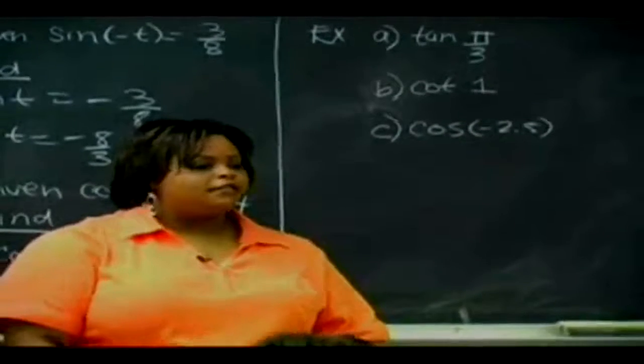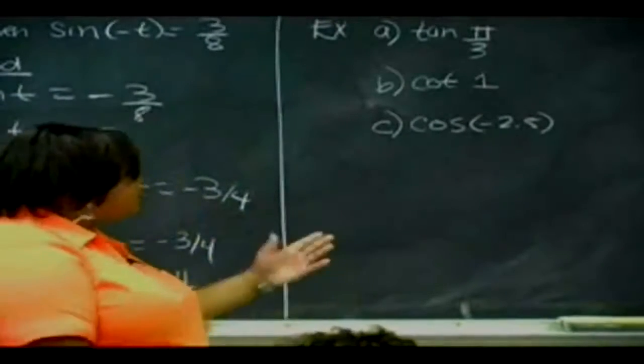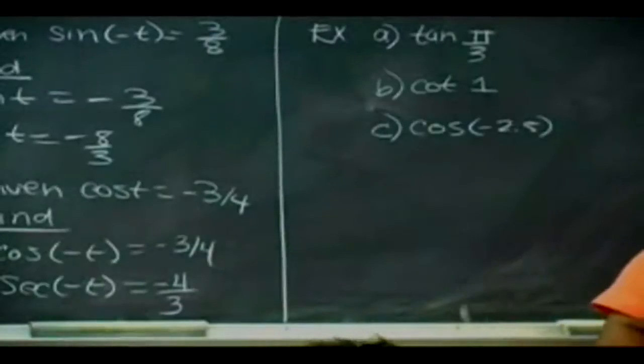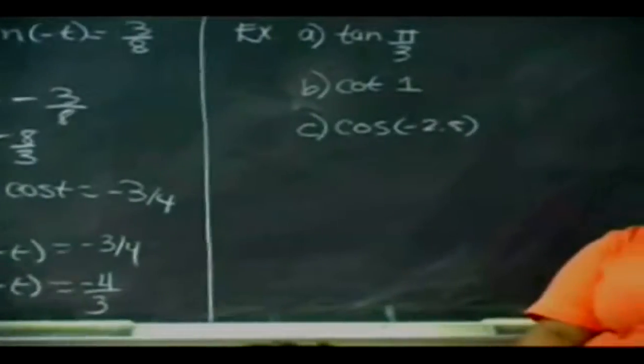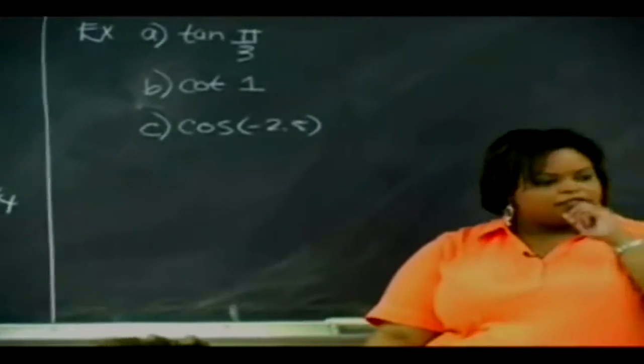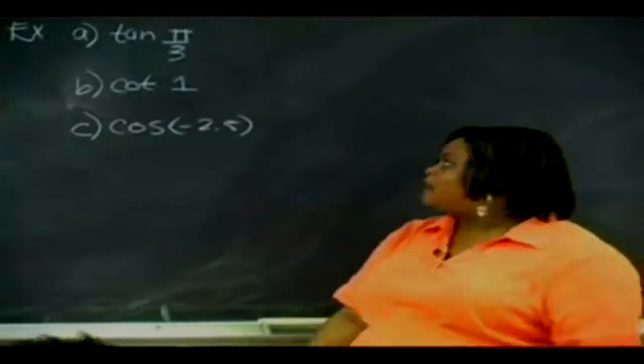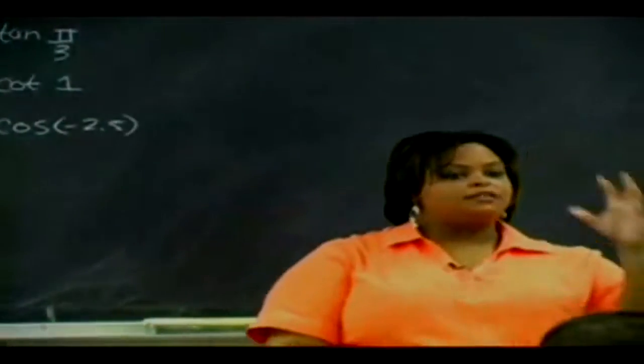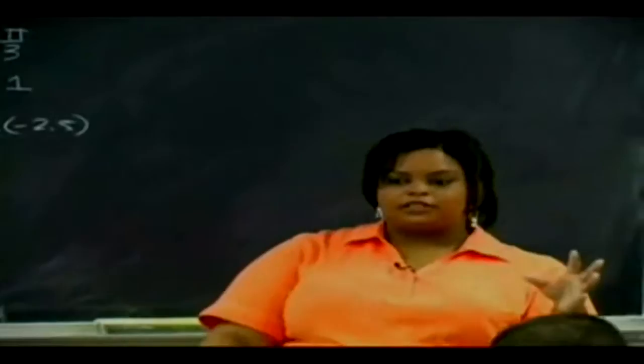This will be approximate, by the way. You should have a pi button and a TAN button. Some calculators have you do tangent, open parentheses, pi divided by 3, close parentheses, equal. Some of you have to do pi divided by 3 and then tangent.